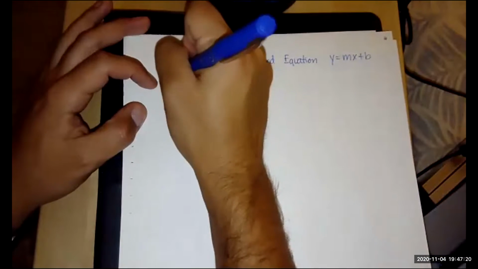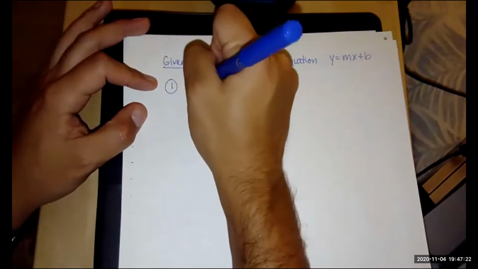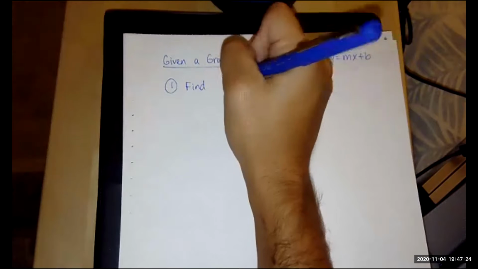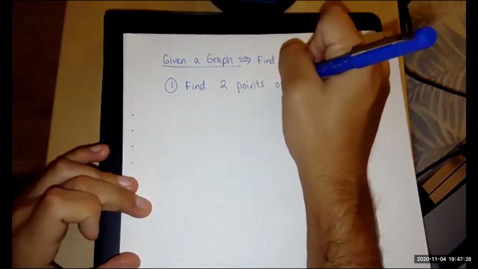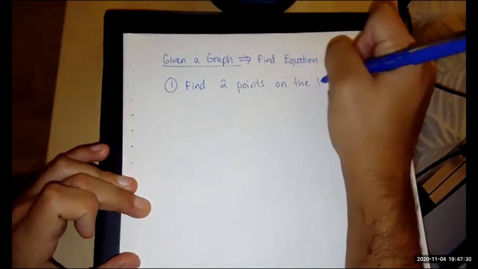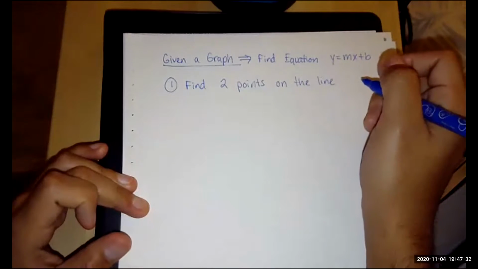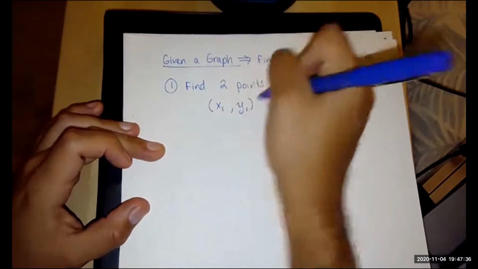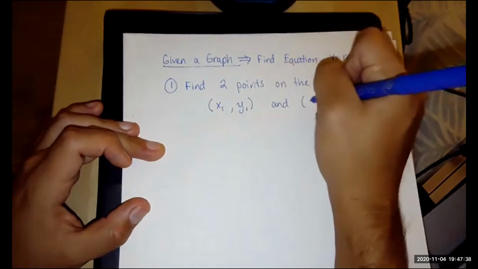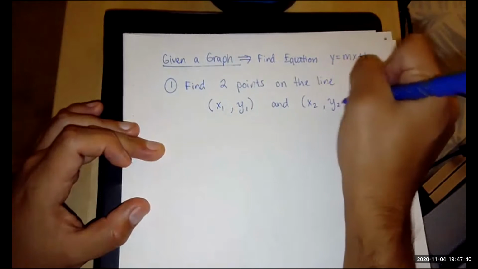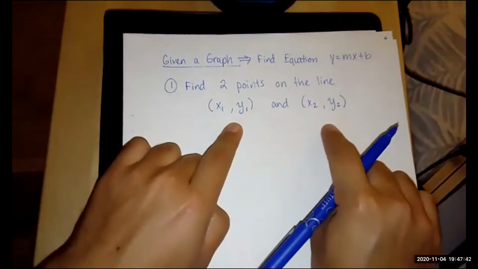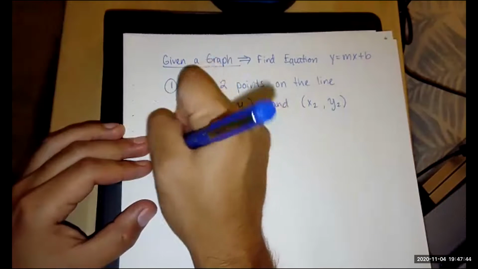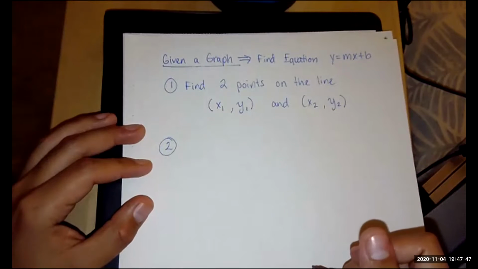The first thing that you're going to need to do is find or identify 2 points on the line, because we need x1, y1, and we need x2, y2 in order to find the slope, which is going to be the second thing that we need to do here.